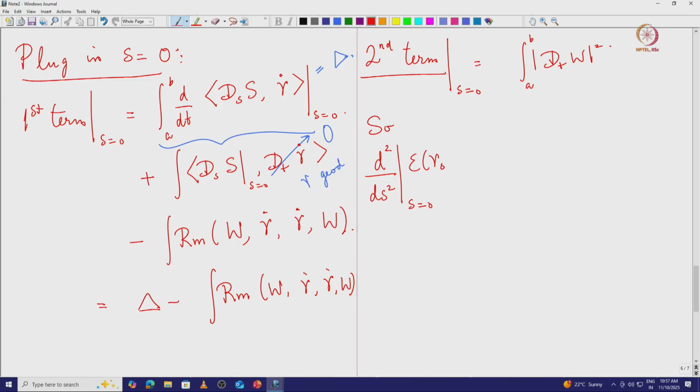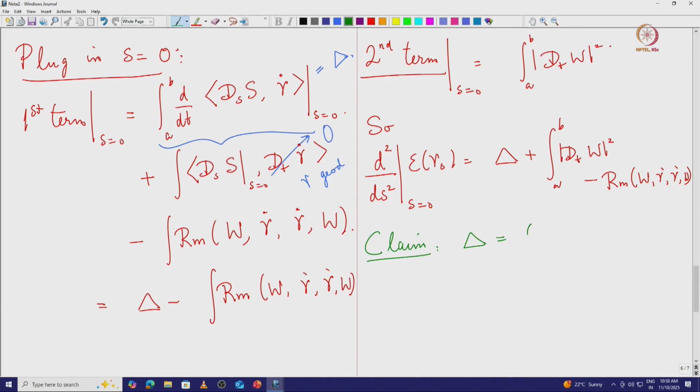So we get the following formula for the second variation of the energy. It is delta plus the integral from a to b of this squared minus the curvature term, okay. So to finish off the proof, I need to have the following claim, that this delta term is actually 0, okay.